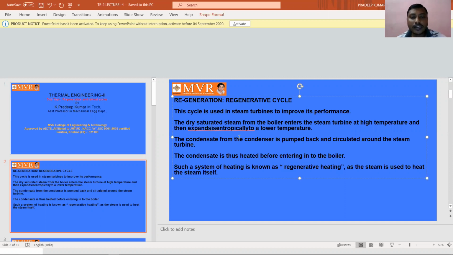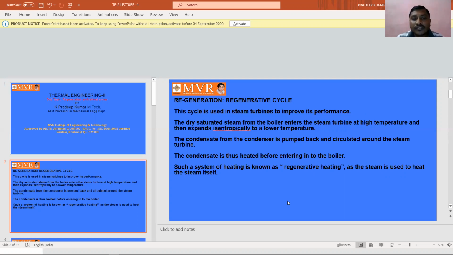low temperature. In the previous classes, I have shown you the Rankine cycle which we use in a thermal power plant, and how it works based on the 4 components.